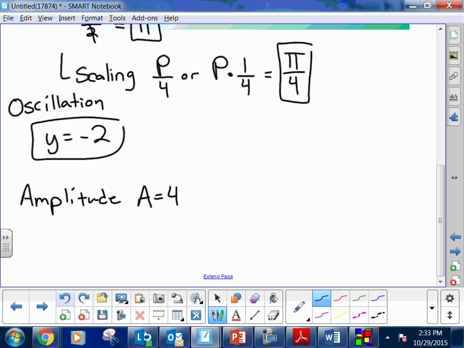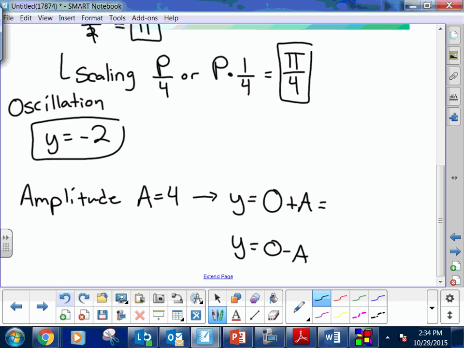Well, in general terms, you're going to take your y, your O. I'm not writing down 0, I'm writing O. O plus your amplitude, and also O minus your amplitude.